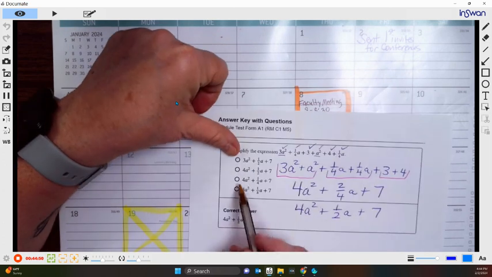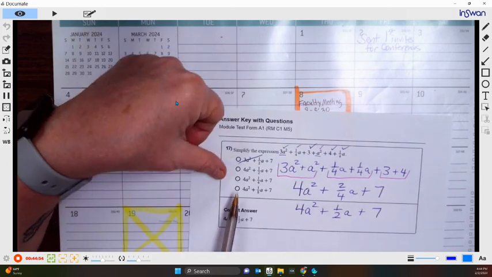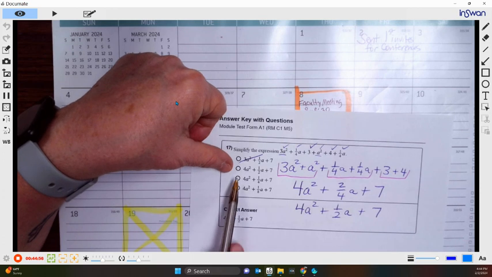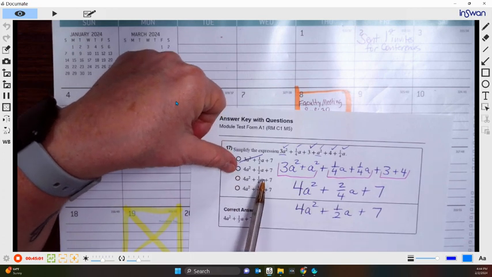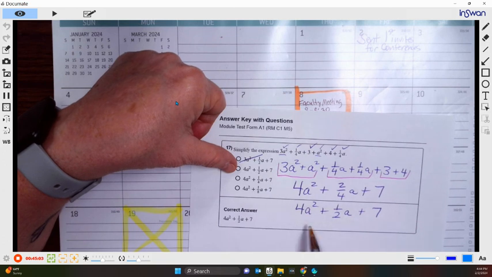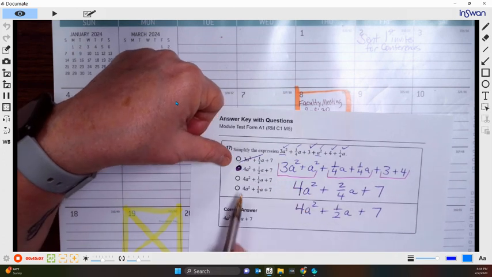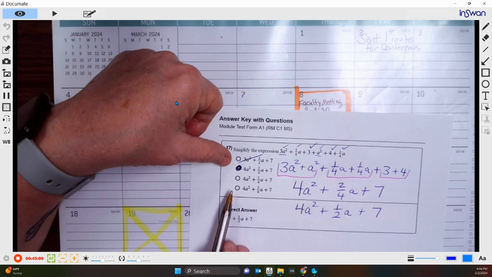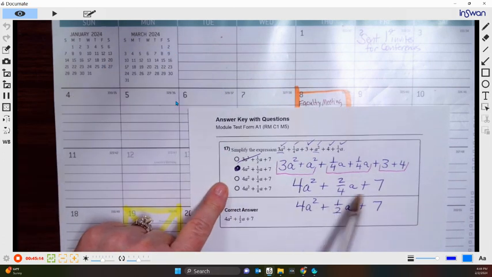So I look at what I have here. I have 3a squared. Well, that cannot be right because I have 4a squared. So let's look at what we have. We have 4a squared plus 1 half a plus 7. Well, that matches the second simplified one, so that one absolutely is correct. Now we want to double check these to see if any of these match what we have, just to be on the safe side, because we did it in two ways.